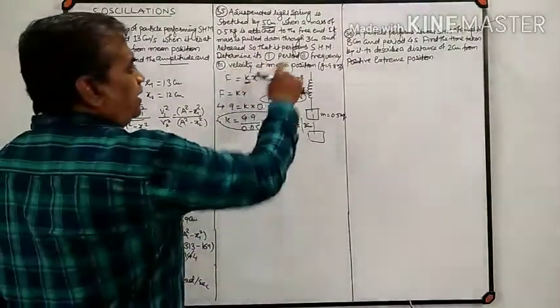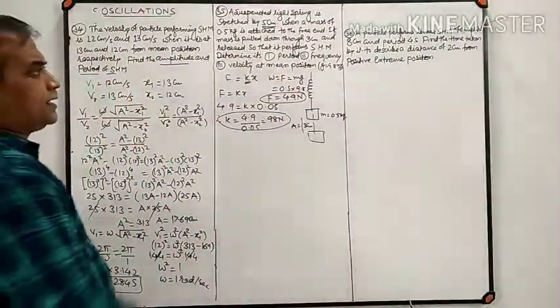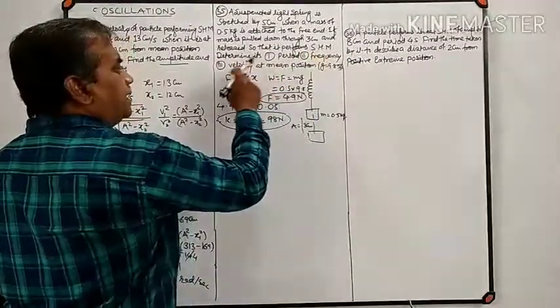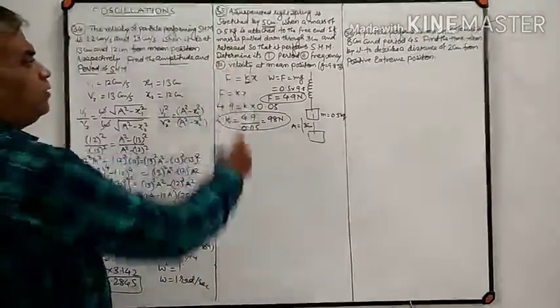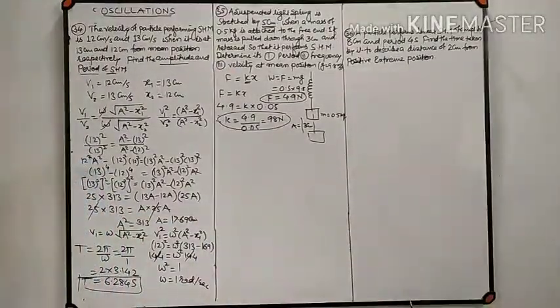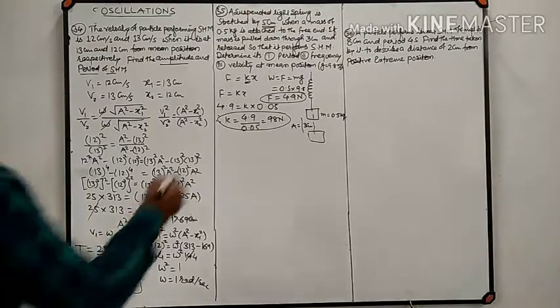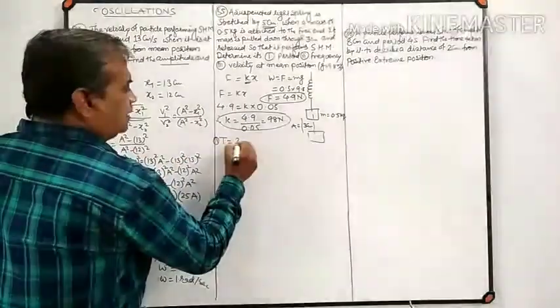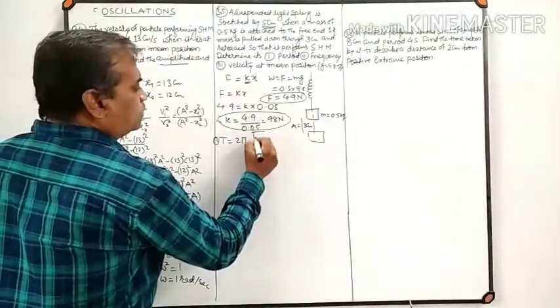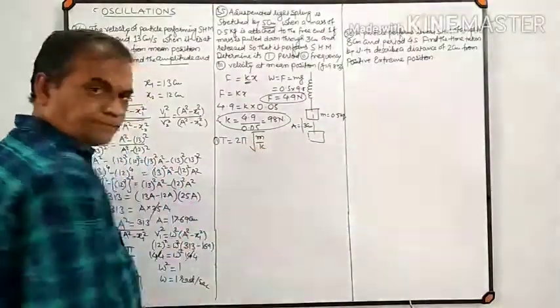Now what we have to find out? The time period, second the frequency, and lastly the velocity. To find out the time period, the formula for the time period of a particle performing SHM is T is equal to 2 pi under root of m divided by k.